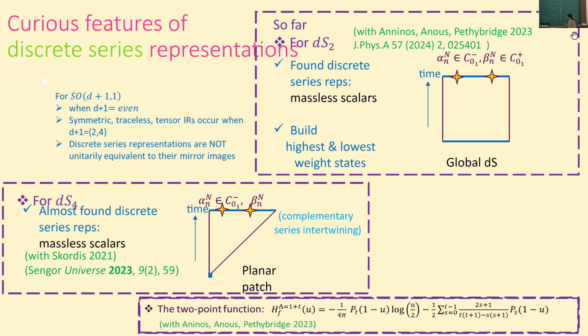And the 2-point functions in discrete series show different behavior than principal series. So you have these logarithmic terms and some extra pieces. But it's also integer for exception, and also integer for bosons, half integer for fermions.